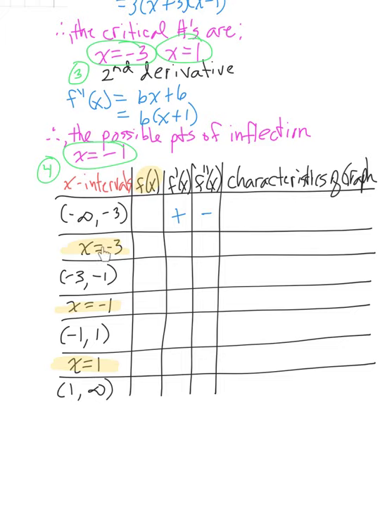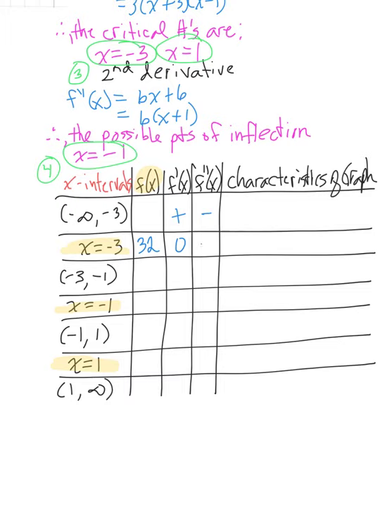Then I'm going to substitute in the actual value of negative 3 into all three of these. If I substitute negative 3 into the original function, I get the value of 32. If I substitute negative 3 into the first derivative, I get a value of 0. And if I substitute into the second derivative, I get a value that is negative.